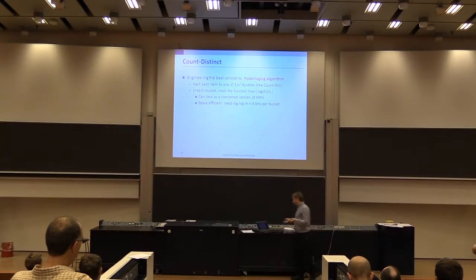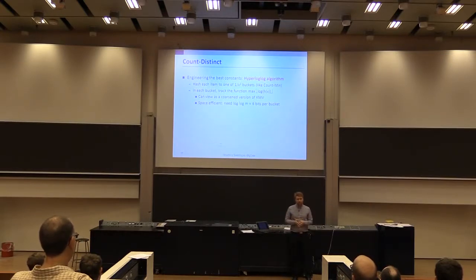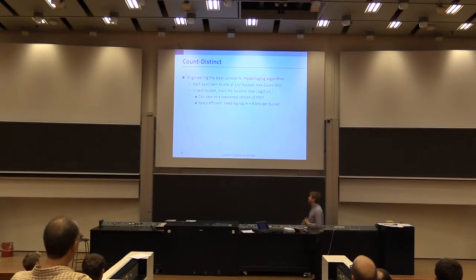So what the HyperLogLog algorithm does is it hashes to a number of buckets, and this number of buckets is again going to depend on 1 over epsilon squared. Intuitively, why do you hash into a number of buckets? It's so that instead of doing repetition to bring variances down, you're using averaging via a hash function to bring the variance down.